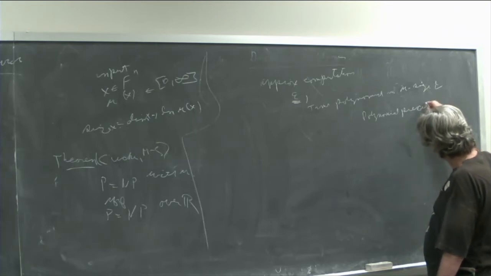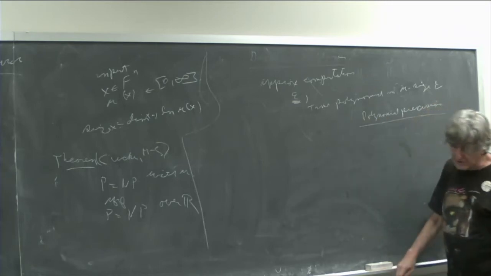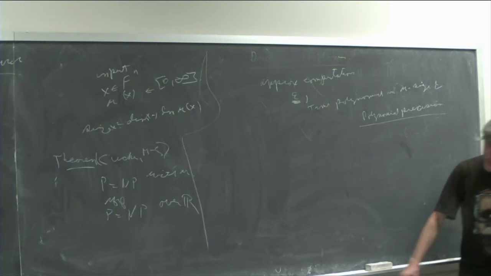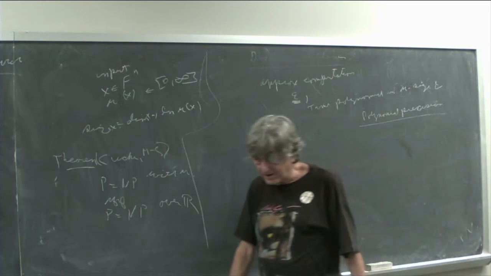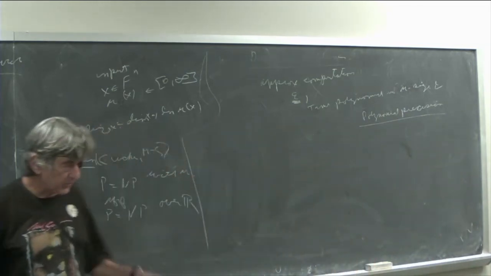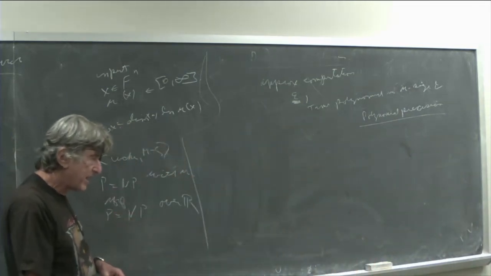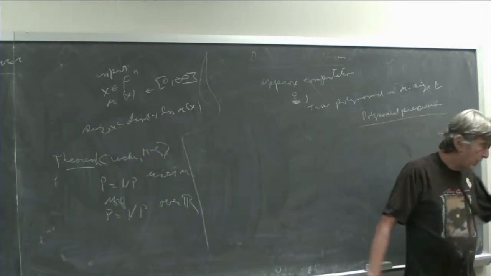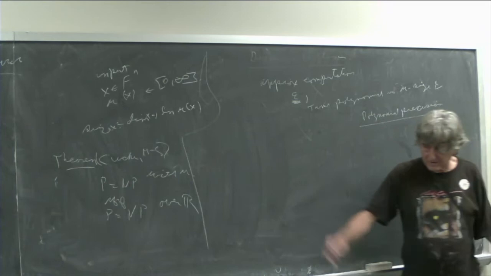Polynomial precision is, as I was saying earlier, more or less anathema to numerical analysts. In numerical analysis, a constant k is the worst they want to think about. Maybe a condition number will change by a constant. They don't want it to be quadratic in the condition number.